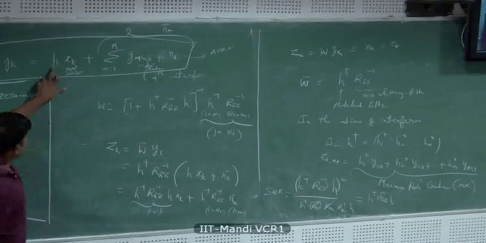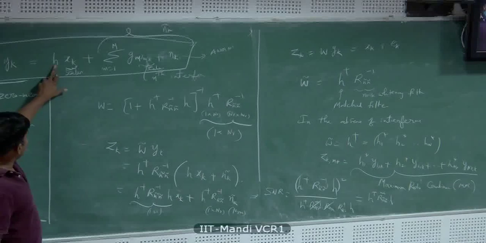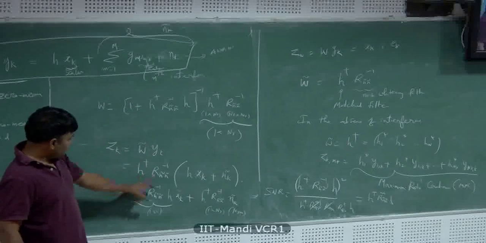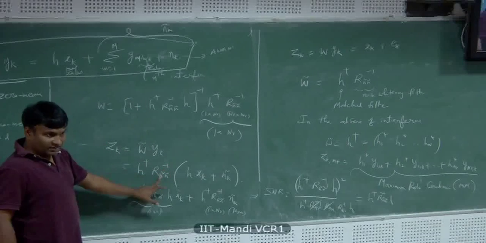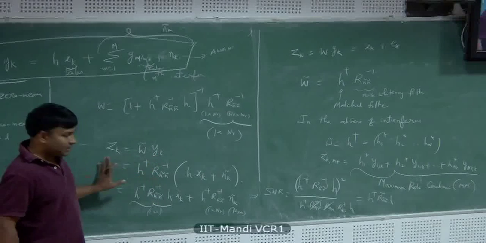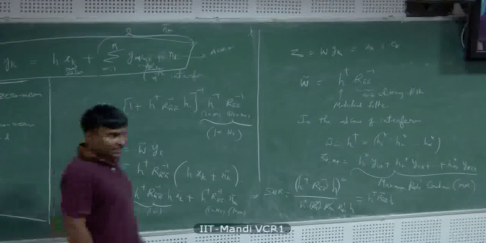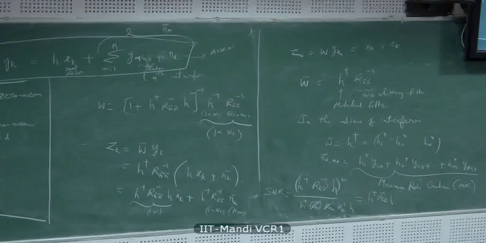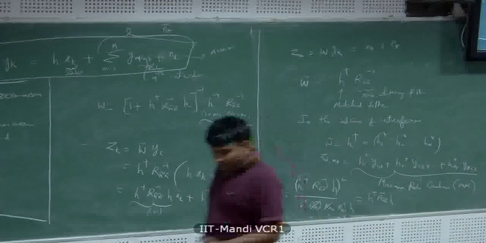Three steps. Generate this model. Apply this filter, H Hermitian Rn inverse, where Rn is defined. Apply and detect. Then you will see whether the interference is rejected or not. So you can see it for yourself. It's only like 5 lines of code.